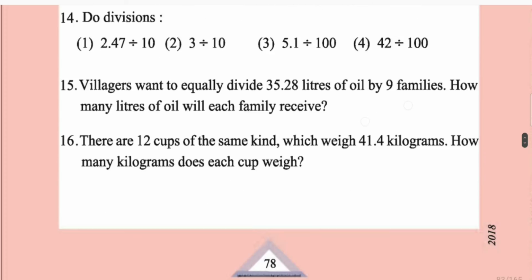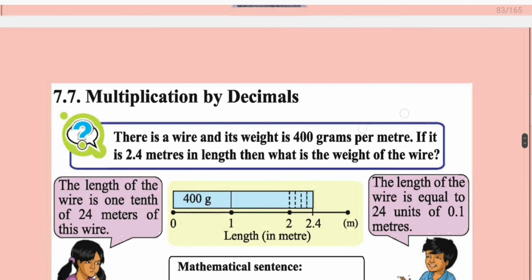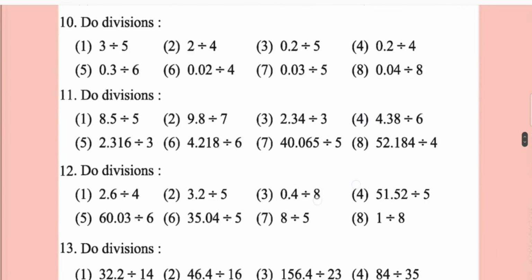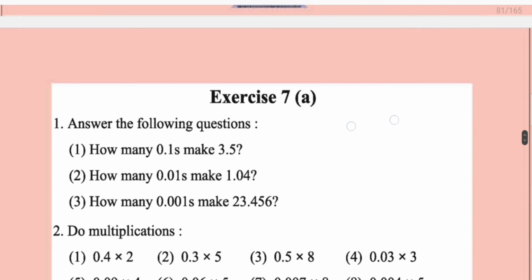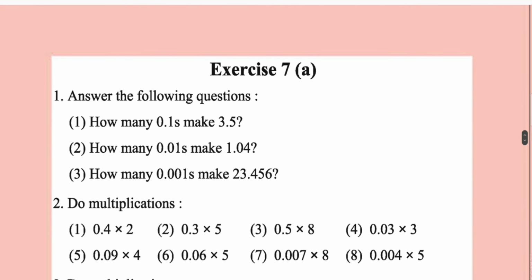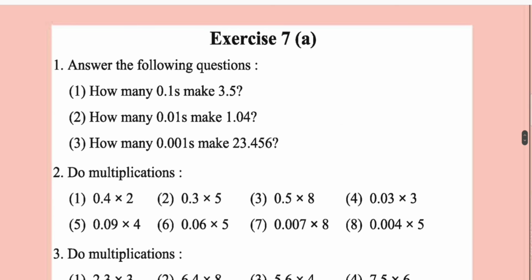There is only one exercise, but there are many. This is quite lengthy also. How many point ones make 3.5? This is 35, this is 104, this is 2 3 4 5 6.